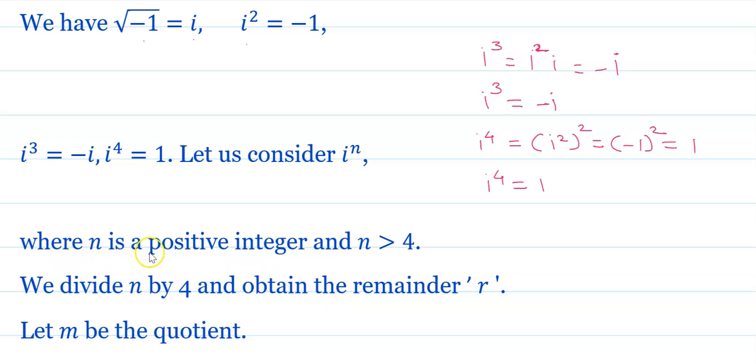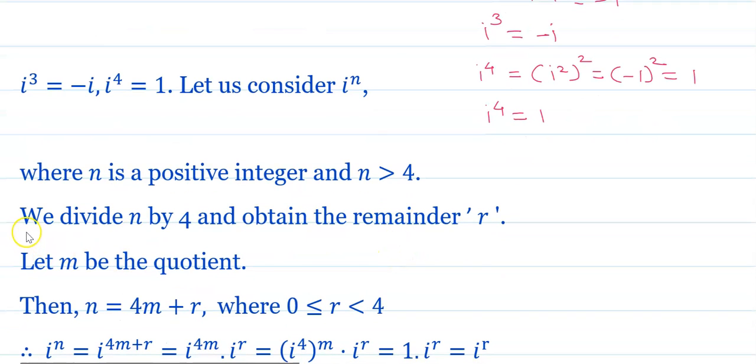Next, let us consider i raised to n, where n is greater than 4. Okay. Now divide this n by 4, we obtain the remainder. Suppose we take n is equal to 25. I will divide this 25 by 4. Suppose I want to find out the value of i raised to 25.